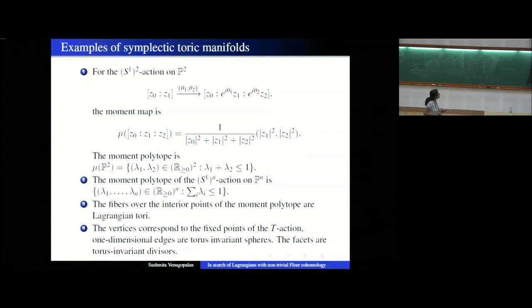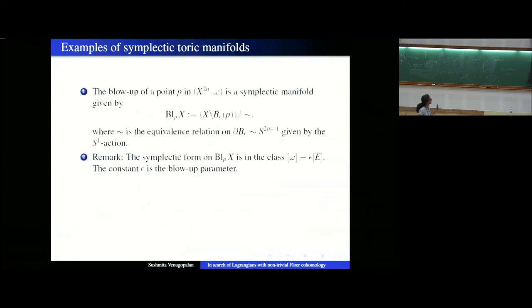Okay, so the moment polytope of the S1^n action on Pn is given by that polytope there. N plus 1 vertices and some polytope spanned by that. And the fibers of the interior points are Lagrangian tori, and this I already said. Okay, so I move on. Okay, so then more interesting examples.